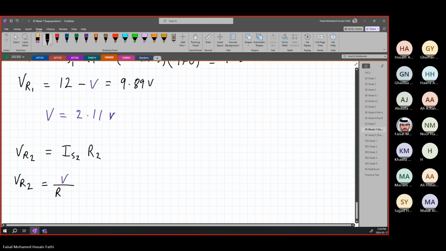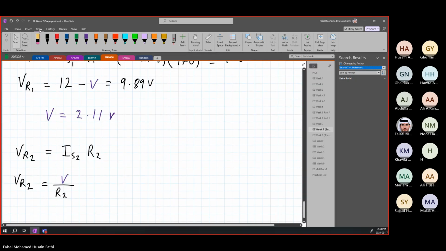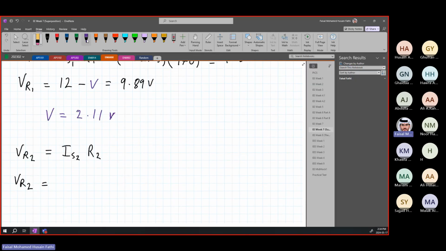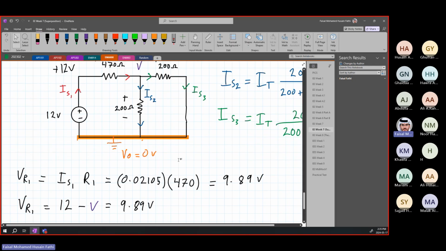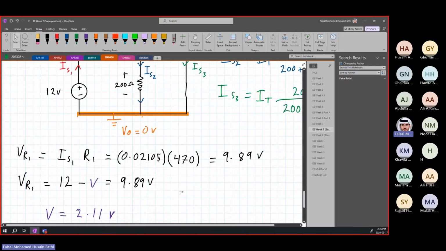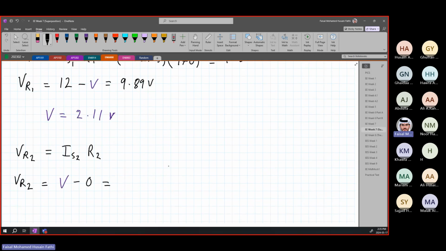Sorry, V minus V0, that's it, which is 0. We know that V is 2.11, so we know that VR2 is also 2.11. So now we can find the current using this equation.